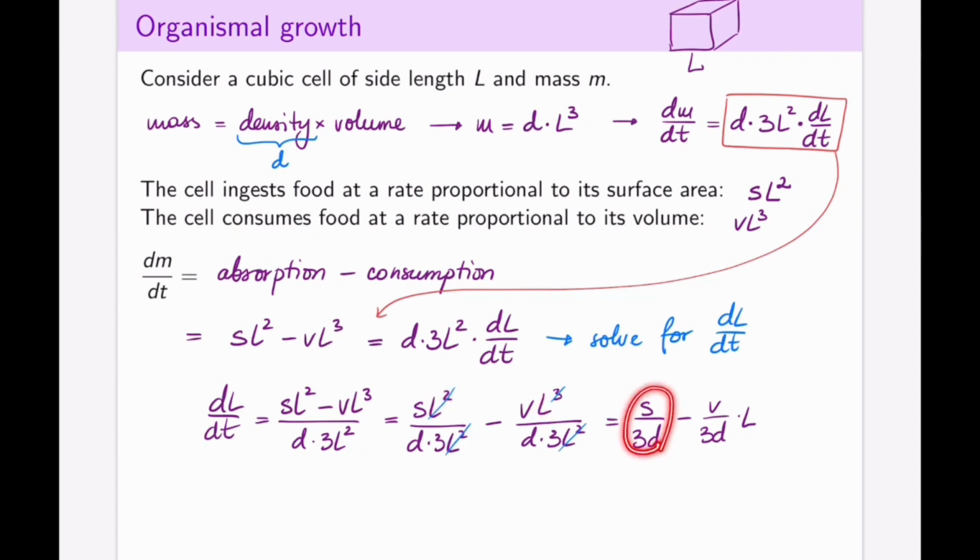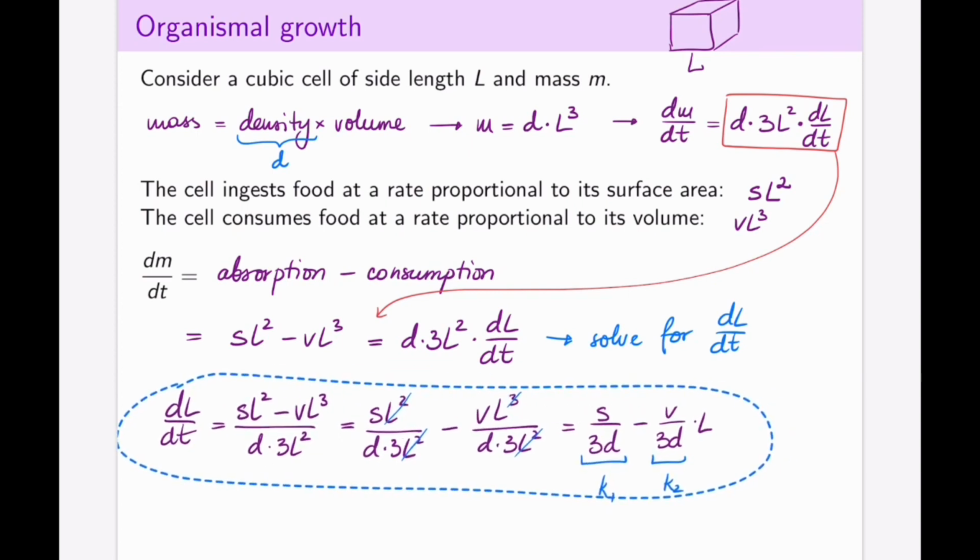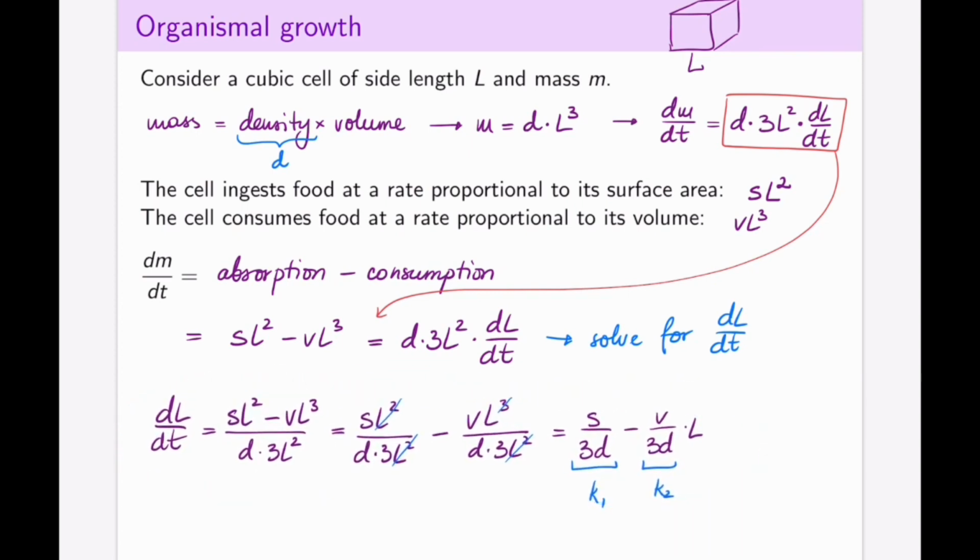This is a constant because this is just the surface proportionality constant and the density, and this is also a constant for the exact same reasons. So let's give these guys names. Let's say we'll call this K1 and we'll call this K2. So I can rewrite this expression in a slightly more pleasing way without too many constants: K1 minus K2L.